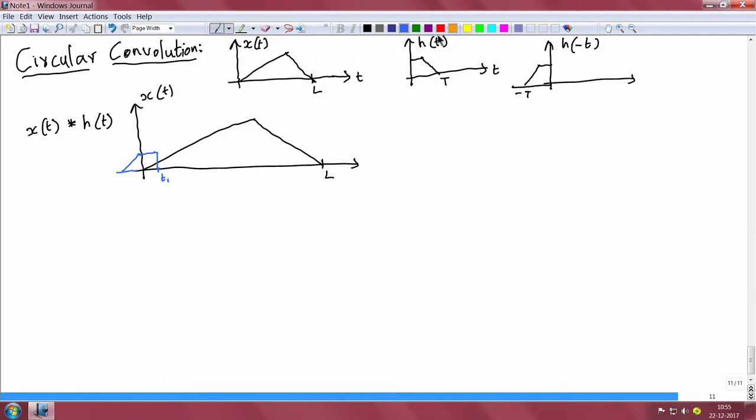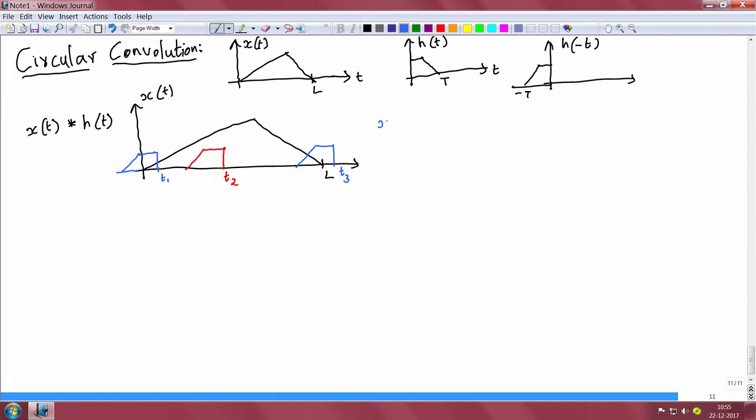Similarly, for any arbitrary shift T2, we overlap at that shift, multiply these two signals and add them. For shift T3, we do the same thing again. This is how we do a linear convolution.